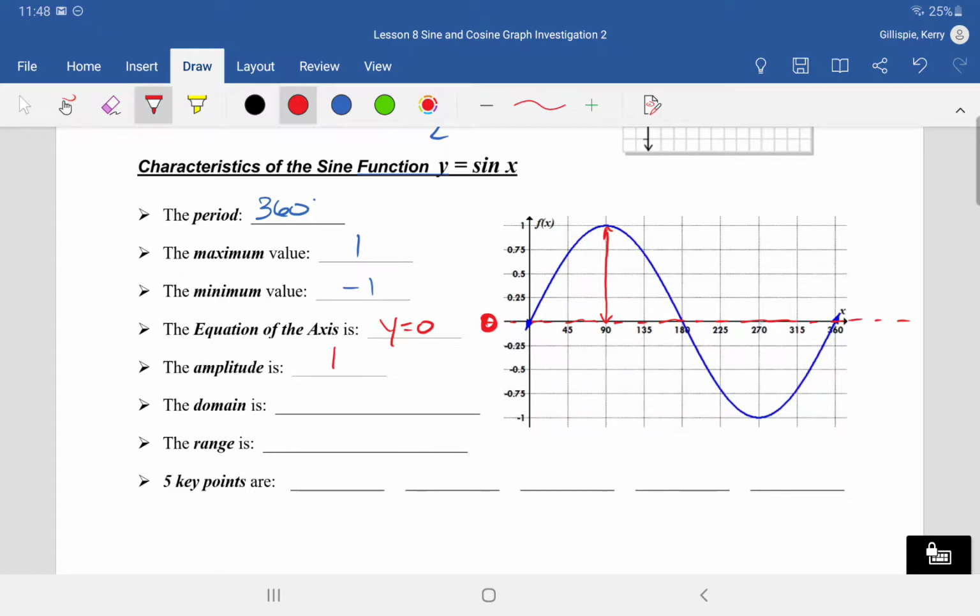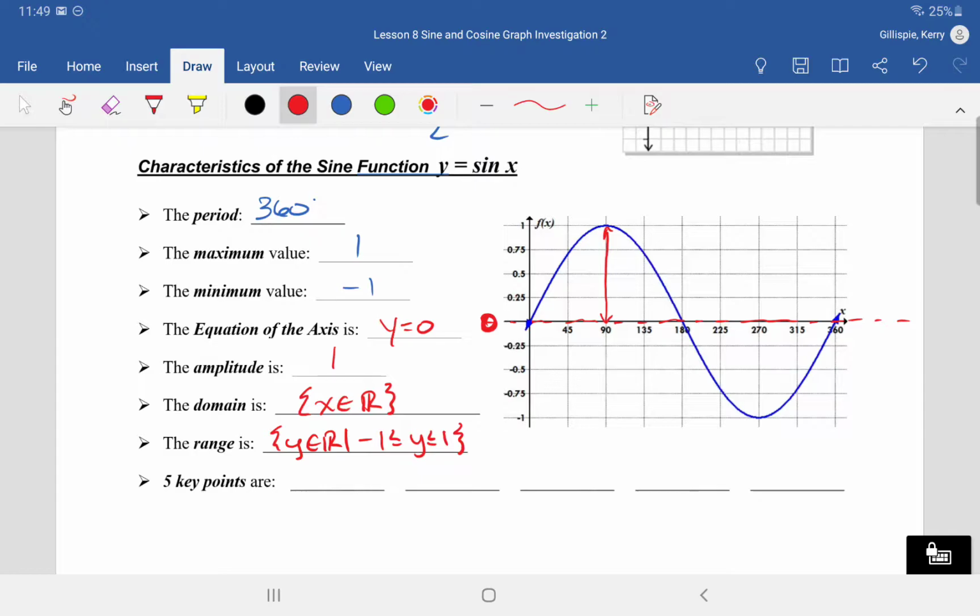Notice if we were to go from the axis to the bottom, it would also be a distance of 1. It doesn't matter that it's negative, it just matters the distance is 1. Domain, we already had that from above. X belongs to all real numbers. And range is y belongs to all reals from -1 through to 1.